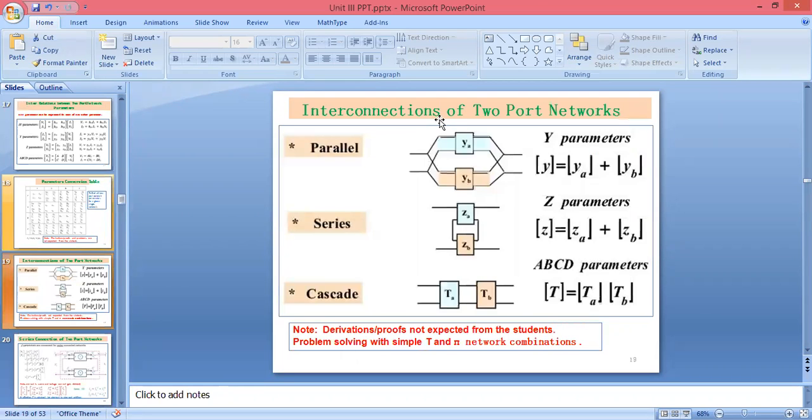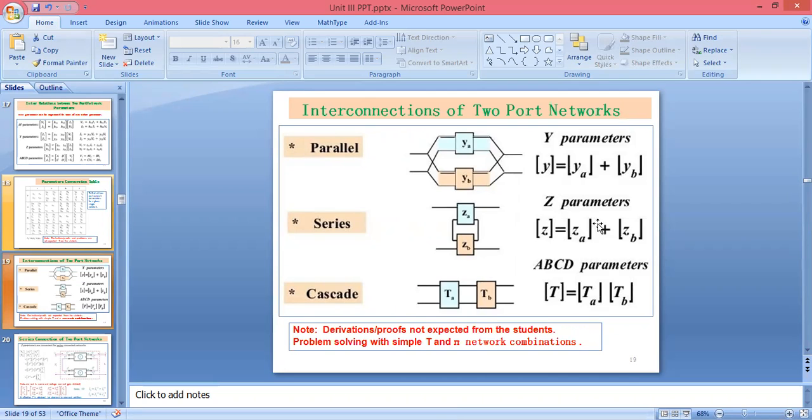If there are interconnections between two-port networks, for Y parameters the networks will be connected in parallel. If there is a series network, we can calculate the Z parameter by using that series network.